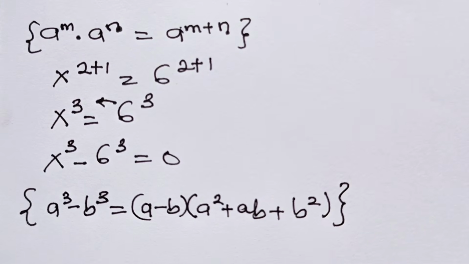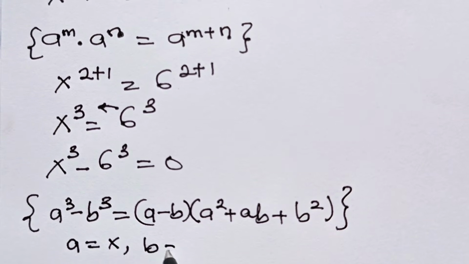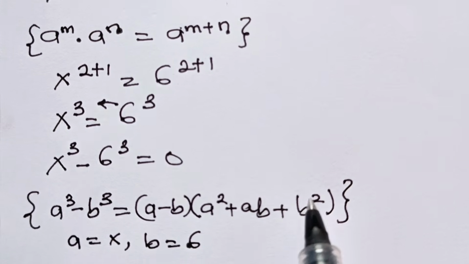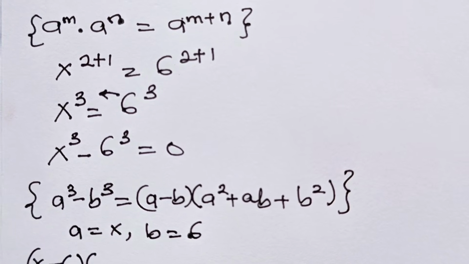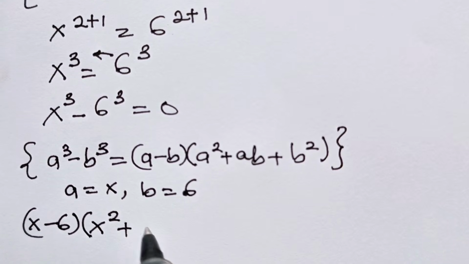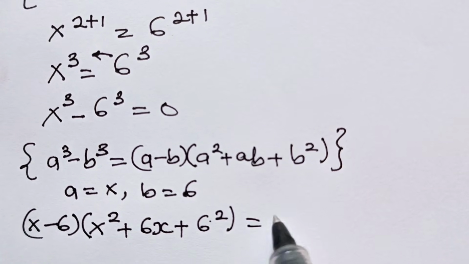Now our a is equal to x and our b is equal to 6. So let's substitute into this. So now we have a minus b, that is x minus 6, bracket x squared plus 6x plus 6 squared, and this is equal to 0.